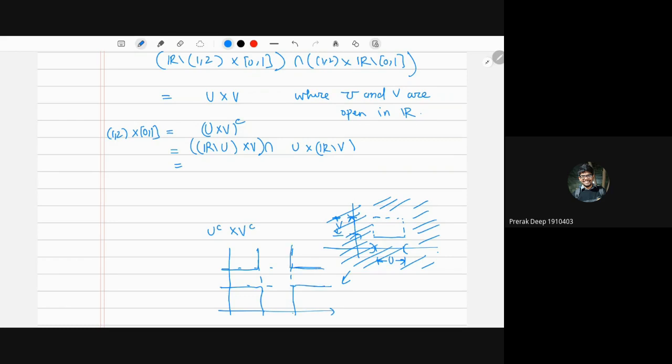Now you want to include this part as well. So what is this part?